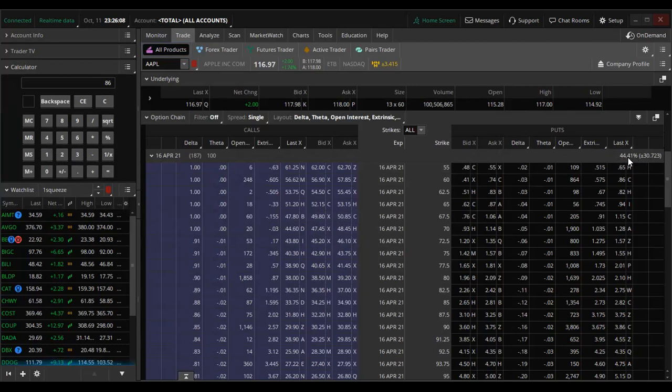This is the percentage of the move of the price of the stock, and this is the actual number that it can move up or down within this time frame of 187 days. The options, the demand for the options are saying that they're expecting a $31 move up or down from the price of 116.